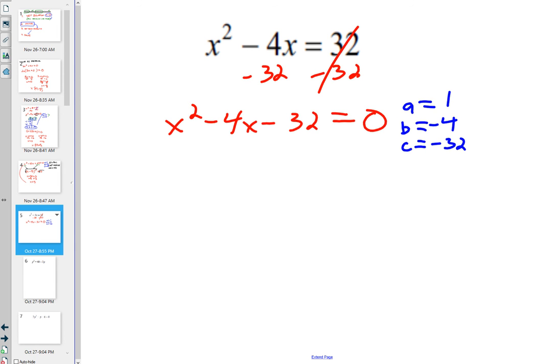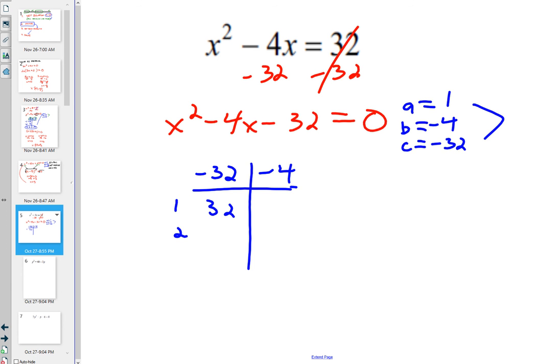So let's do a table. What is 1 times negative 32? That's the number I'm going to figure out what I can multiply to get, and then negative 4. So 1 and 32, 2 and 16, 3 no, 4 yes, and that's it. We have to adjust our signs accordingly. When both columns are negative, what do I do to the factors?